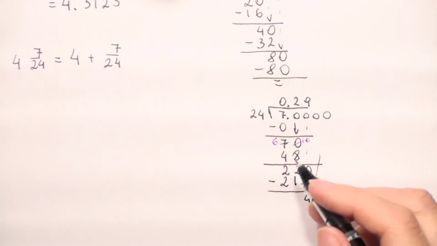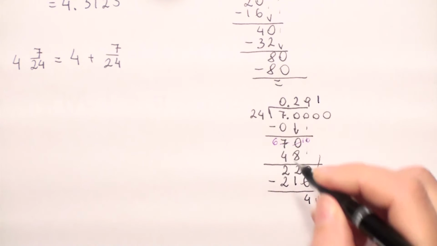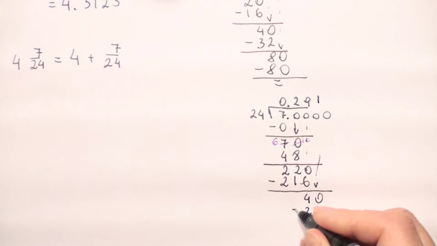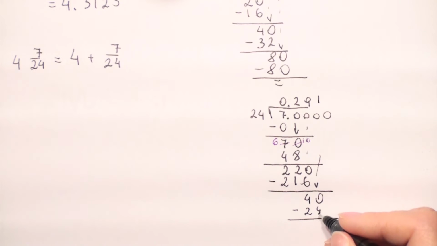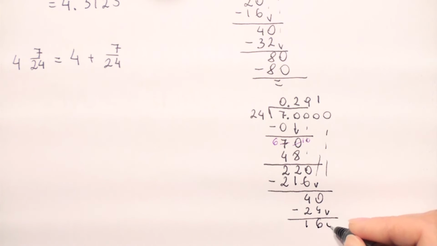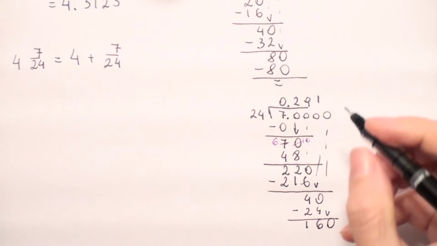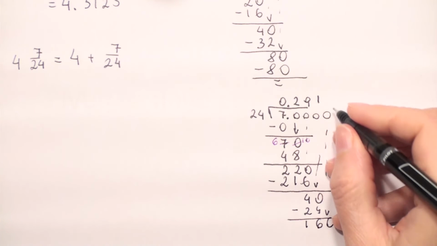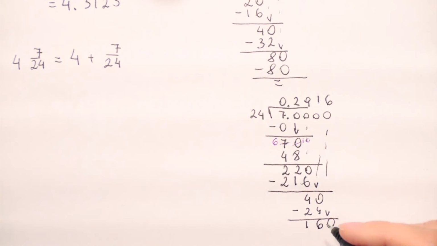40 divided by 24 is 1. 1 times 24 is 24. Subtraction. 40 minus 24 is 16. We have to take down the next 0. 160 divided by 24 is 6. 6 times 24 is 144.